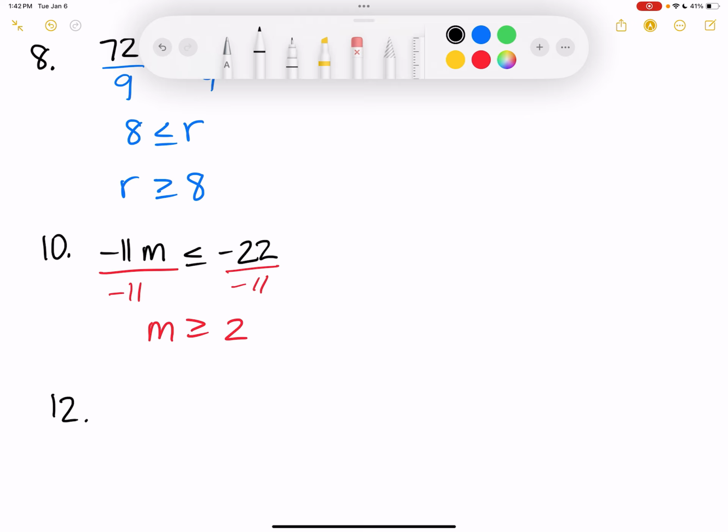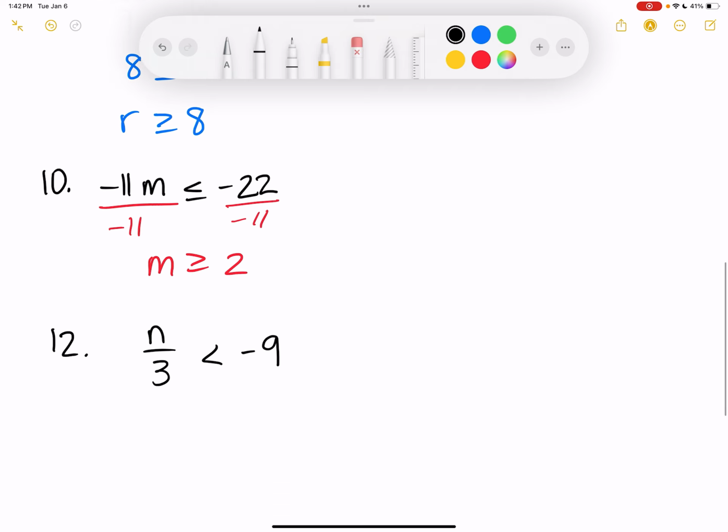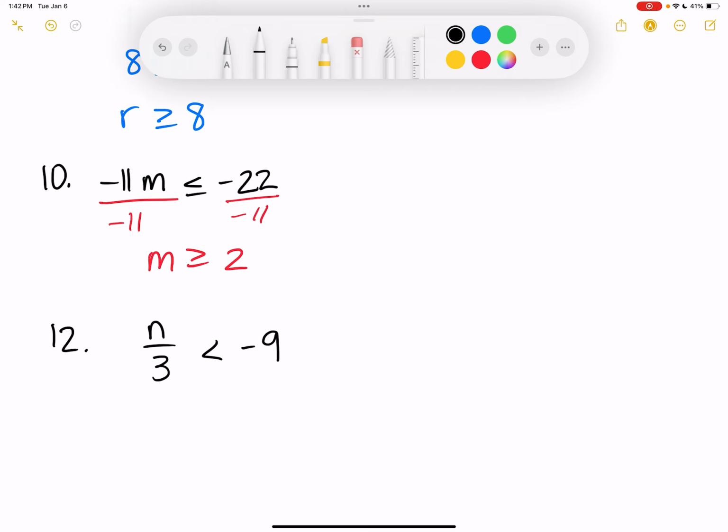12. n divided by 3 is less than negative 9. Can I do it again? Sure. All right, so we're going to multiply by 3 on both sides. That's going to be n is less than negative 3 times 9.